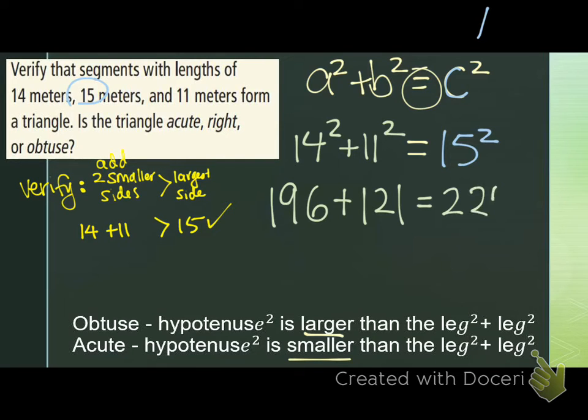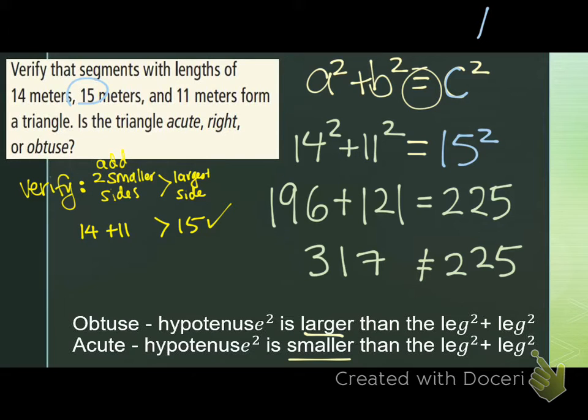I got you. 225. Alright, so 225, I just dropped that down. 196 plus 121 is? 317. They obviously do not equal, so we do not have a right triangle.